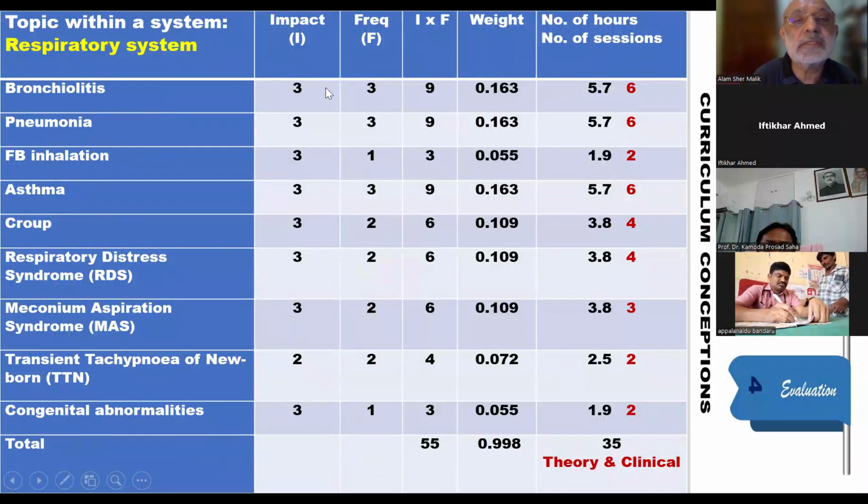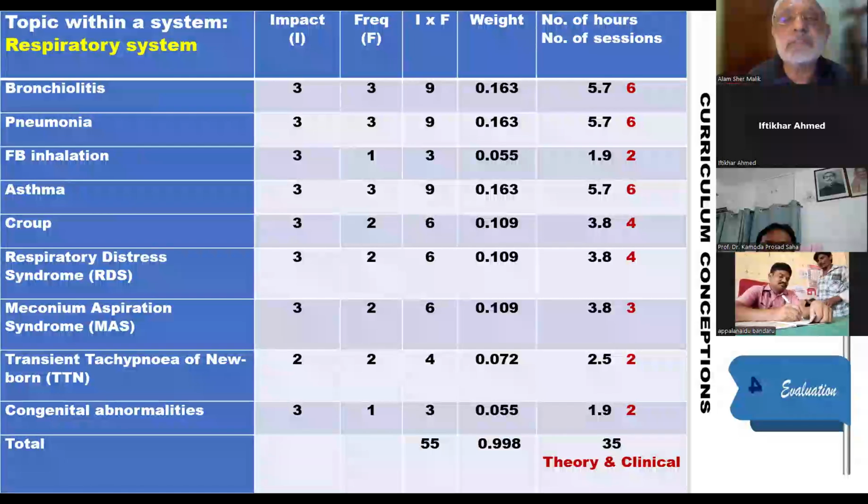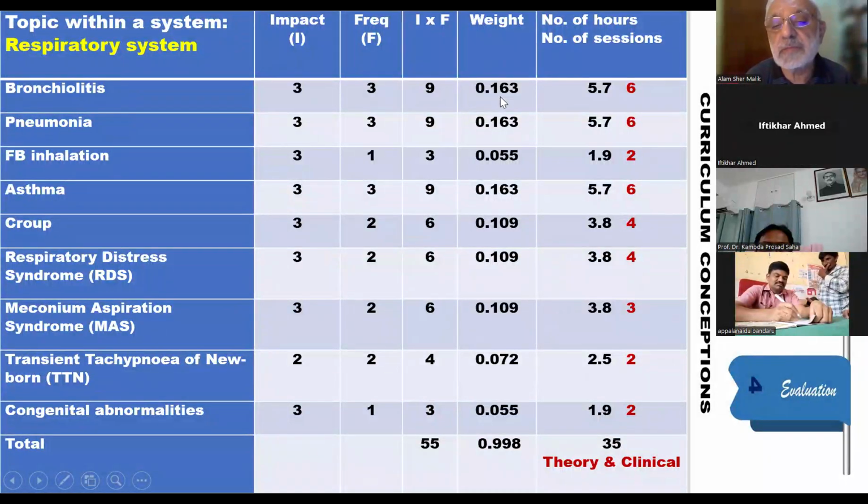Here, bronchiolitis has a high impact, 3, and is very frequent, 3. High impact times frequency is 9, and let's say the total is 55. So 9 over 55 gives 0.163 as the weightage, and based on the time available this is 5.7, which we round up to 6.